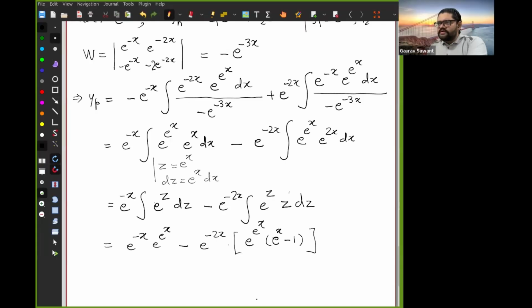So now let's just collect the terms. There is an e power minus x, e power x. There is an e power minus 2x, e power x. So that will have the same e power minus x outside. That will cancel. And the remaining term is this minus, and inside the minus will cancel. So plus e power minus 2x, e power x.